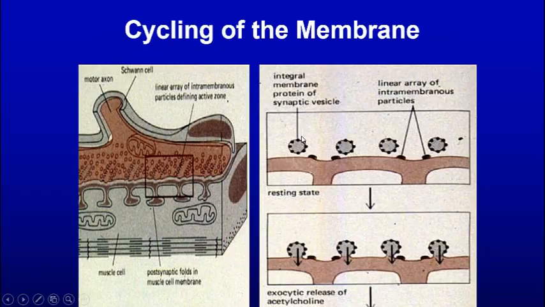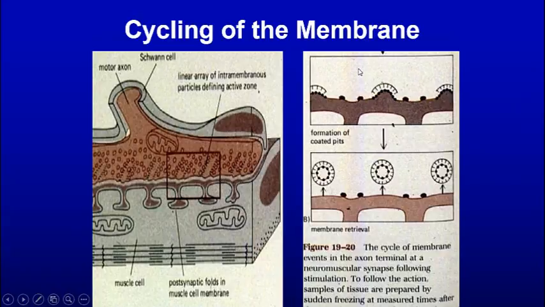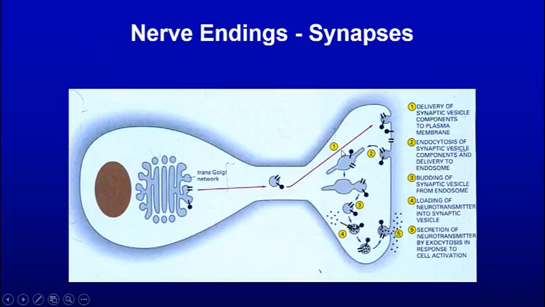And so here we can see where you have exocytosis occurring. Then these are pinching off of the vesicles, and this is the coated vesicle coming back in. So you pick up the transmitter and bring that back in, and that's reloaded for the next discharge to occur.